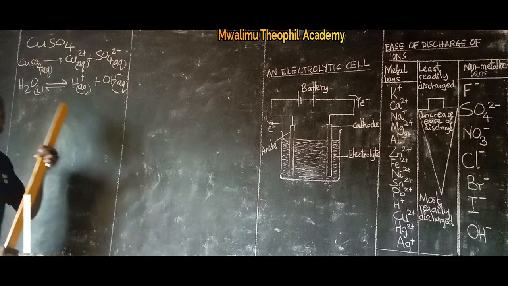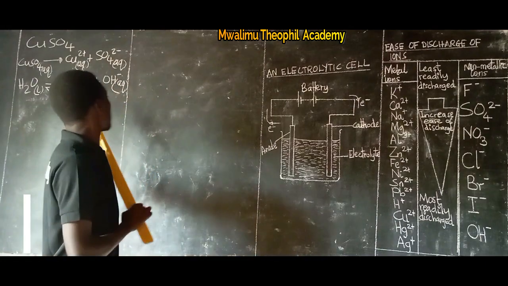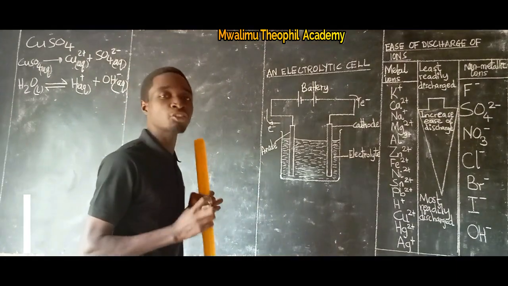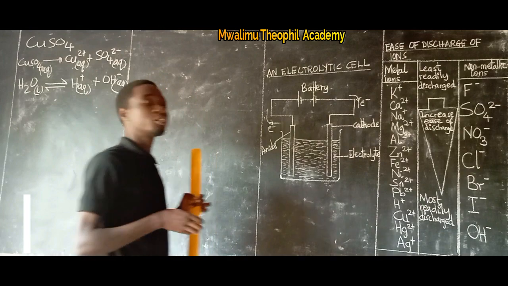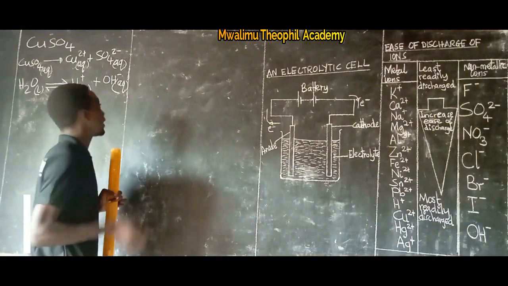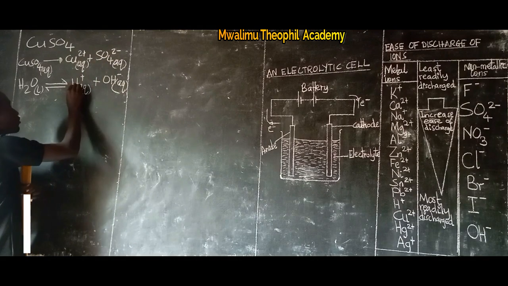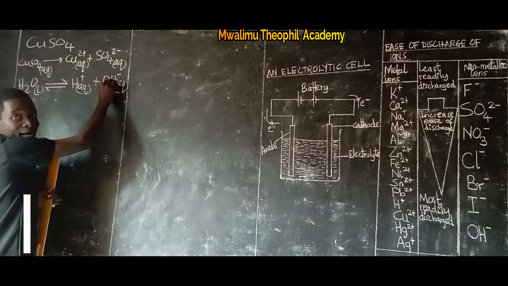So it means that if copper 2 sulfate is the electrolyte you have dissolved in water, we have four kinds of ions. These are copper 2 ions, sulfate ions, hydrogen proton, and hydroxyl ion.